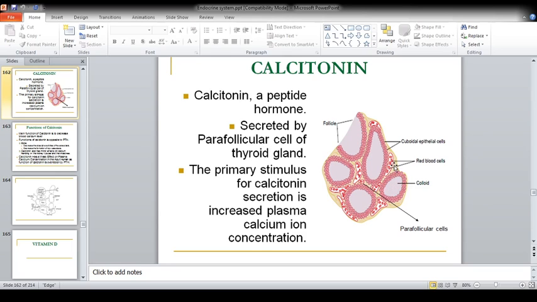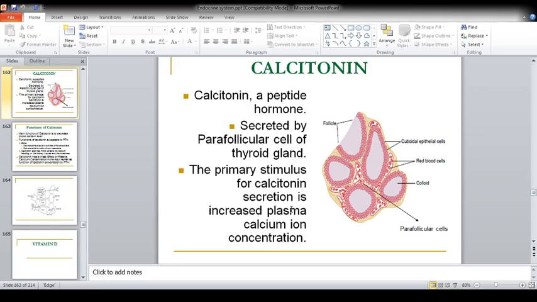So the follicular cells would release T3 and T4, the thyroid hormones, triiodothyronine and tetraiodothyronine, whereas the parafollicular cells, which are present in between or around the follicles, would release this hormone that is known as calcitonin.